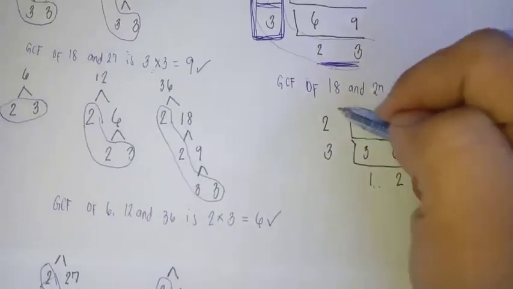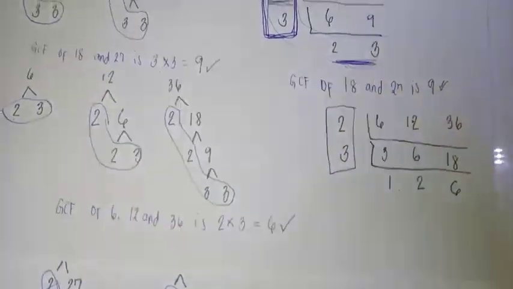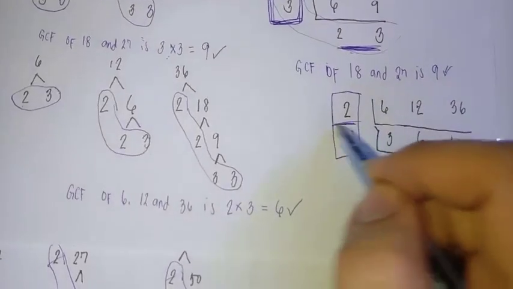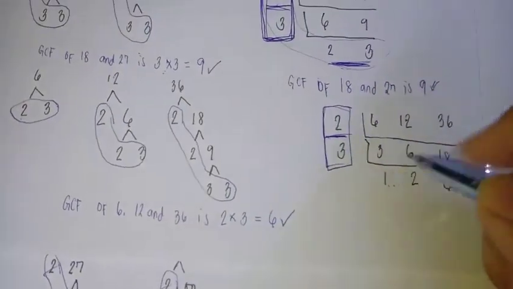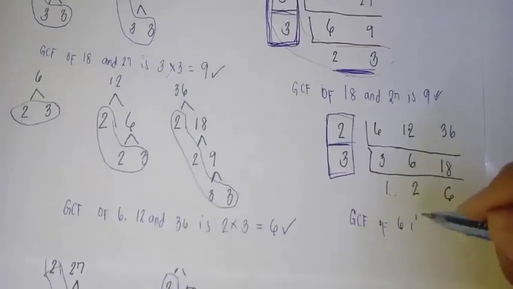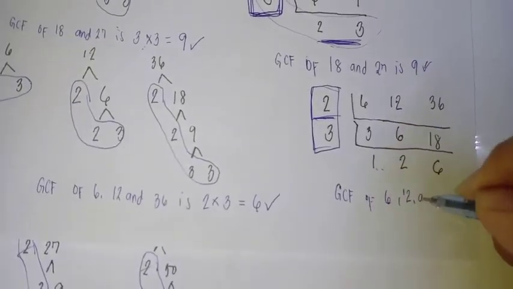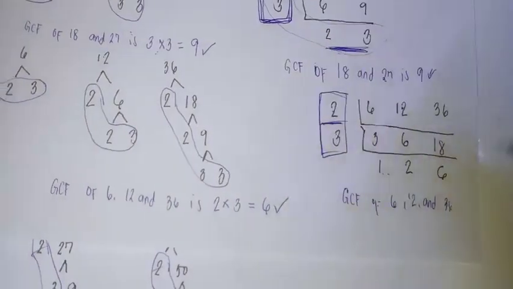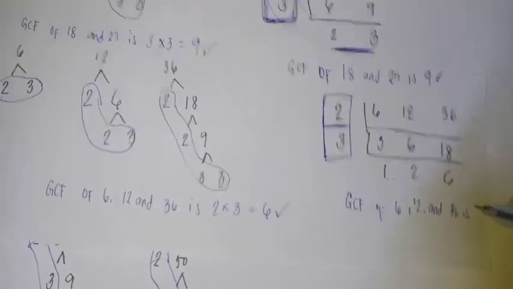So, therefore, the GCF of 6, 12, and 36 is 2 times 3, or that is 6.